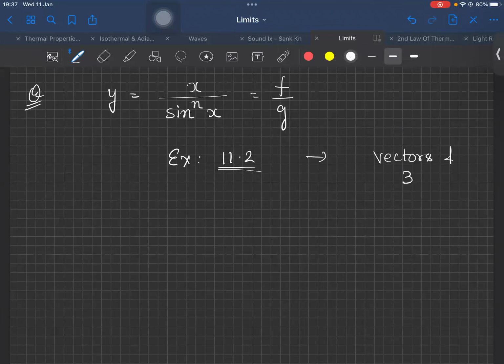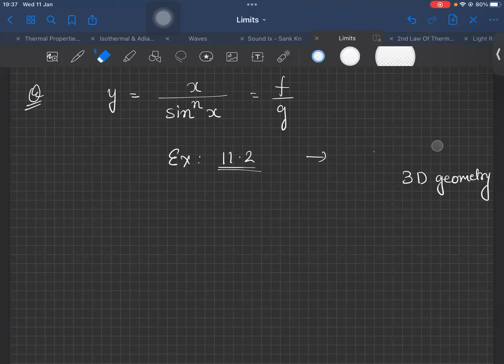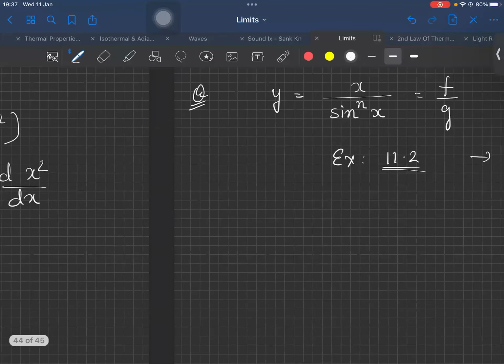We haven't done vectors, no? Yes, sir. 3D geometry, statistics, and probability. But without doing vectors, how are we supposed to do 3D geometry? Anyway, I'll check.